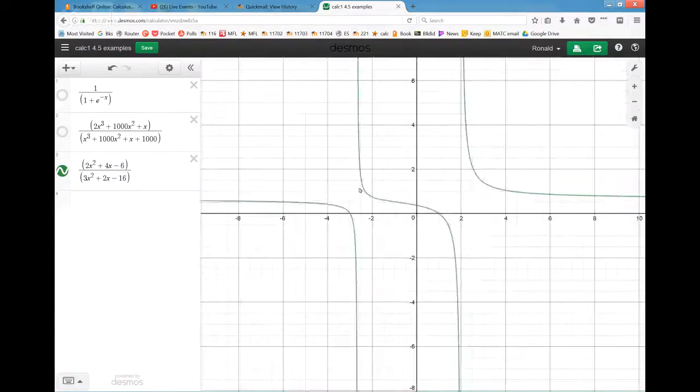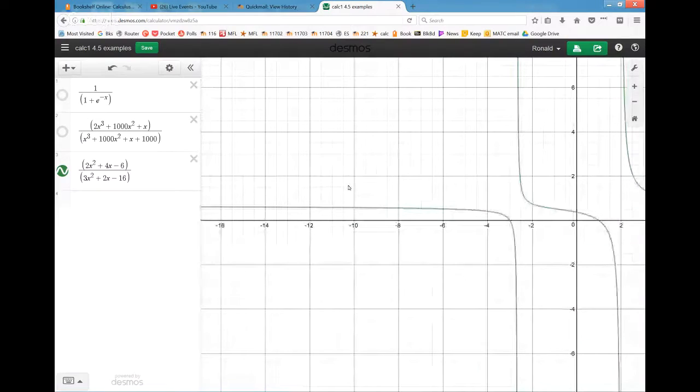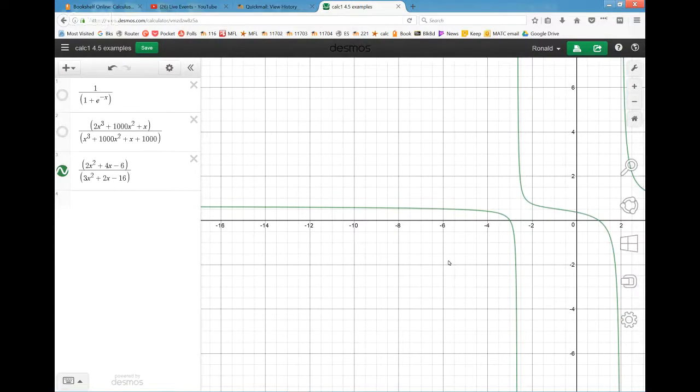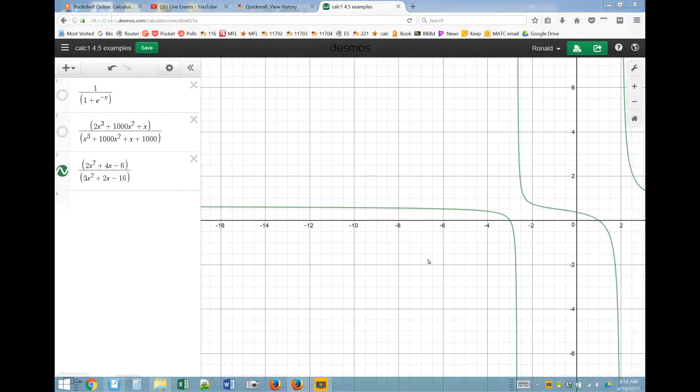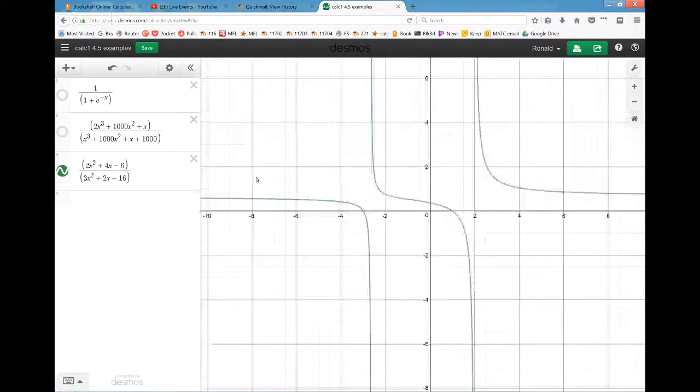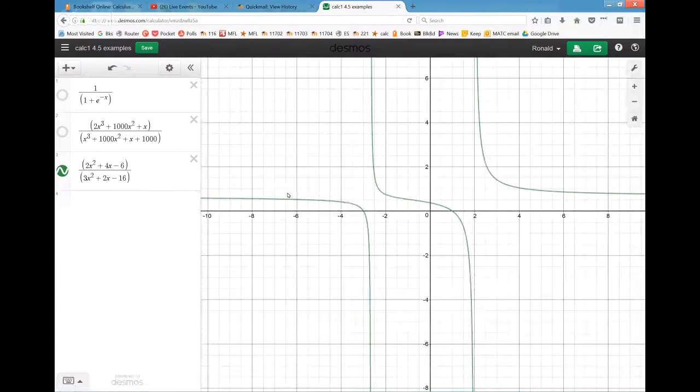Likewise, on the left, you see the same thing happening. We've already dealt with vertical asymptotes, and we're going to be dealing with horizontal asymptotes. I think you will also see a point of inflection on the middle branch, somewhere right about in here.